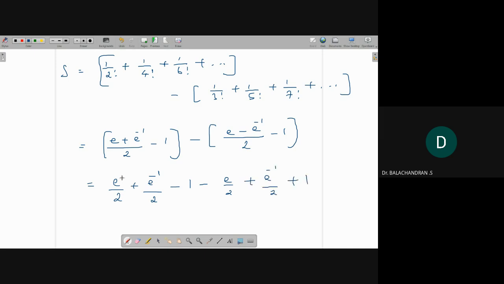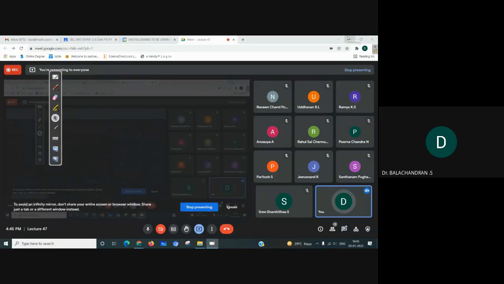Plus E by 2 minus E by 2 gets cancelled. Minus 1 plus 1 gets cancelled. So only these two terms. This is 2 times E power minus 1 by 2, that is E power minus 1, or 1 by E. 1 by E is the final answer. I'll stop here.